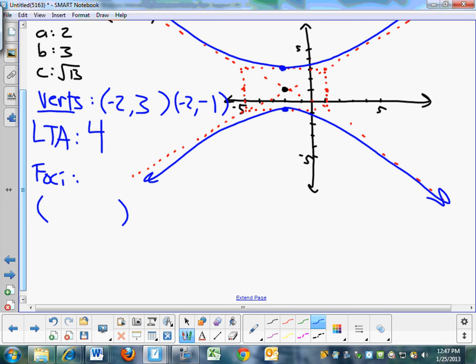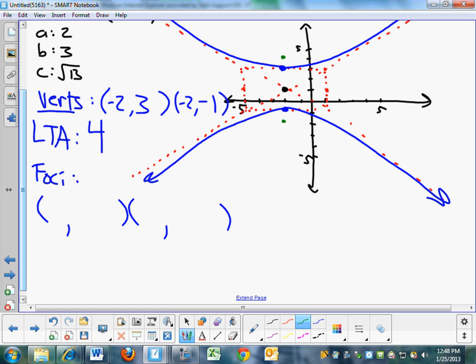Foci. Foci are how many units from the center? Square root of 13. So you'll take the square root of 13 and add it onto the y value or add it onto the x value? The y value.